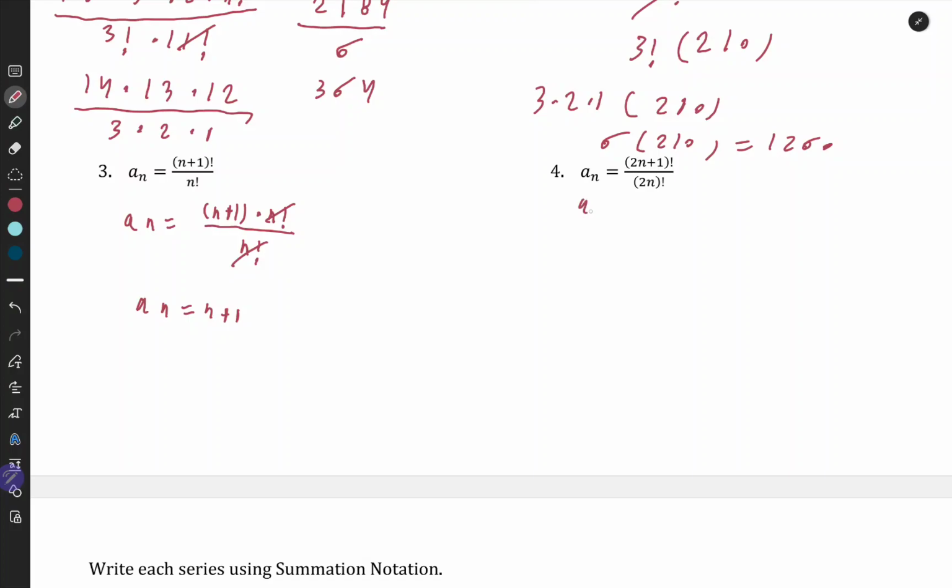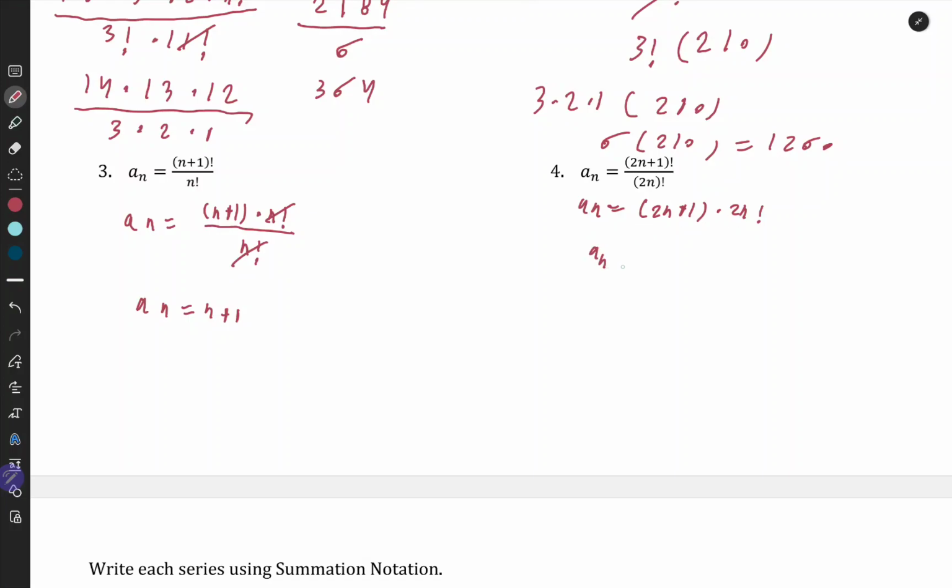You're going to do a of n equals 2n plus 1, but now this is times 2n. Honestly, you could just get this 2n and cancel it. Let's multiply by 2n.